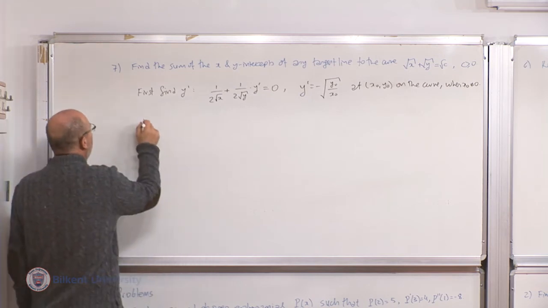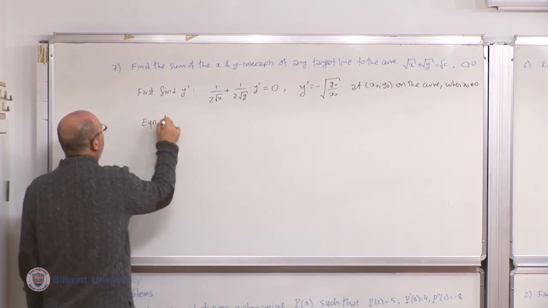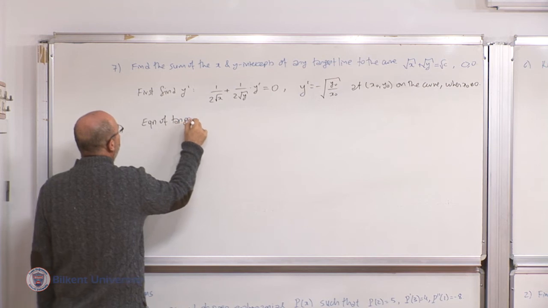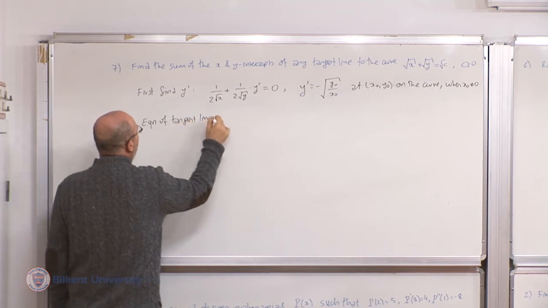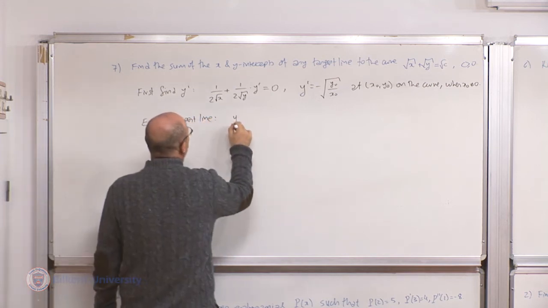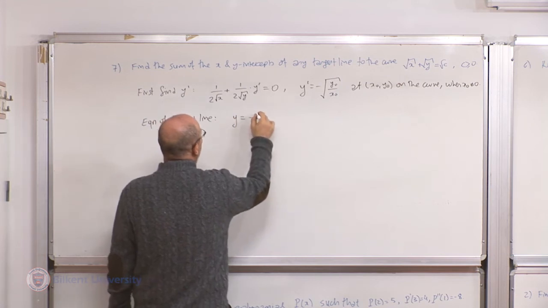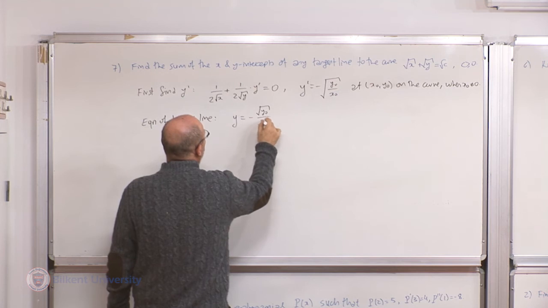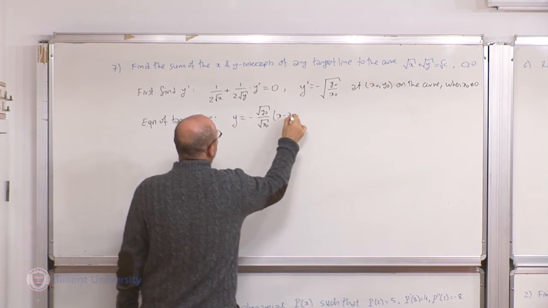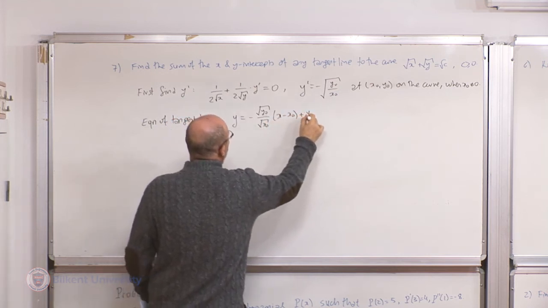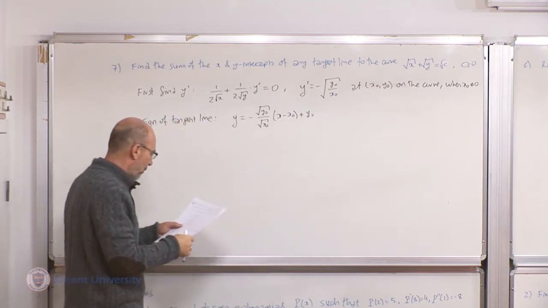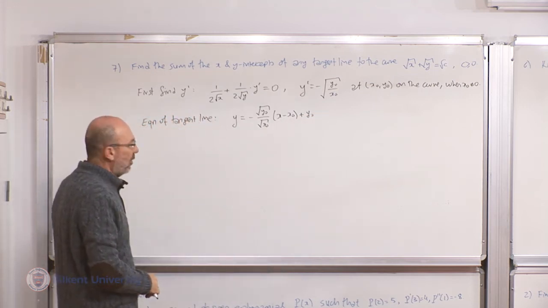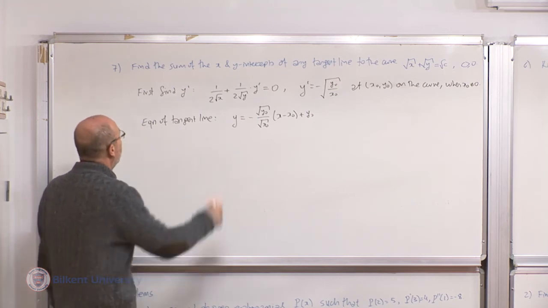So the equation of the tangent line: y is equal to the slope times x minus x sub 0 plus y sub 0. Now we want to find the x and y intercepts.